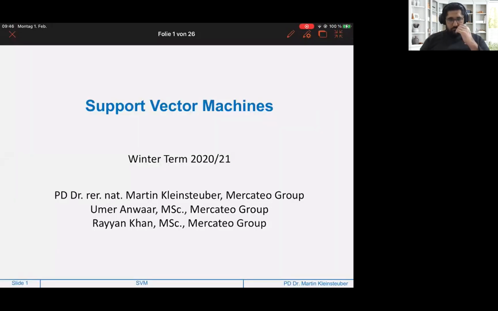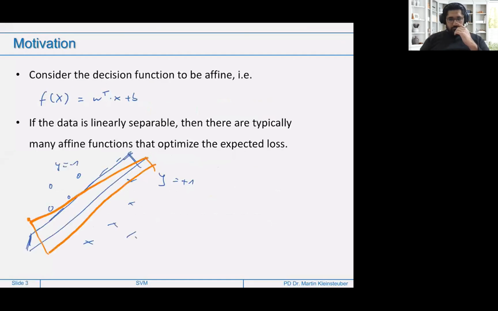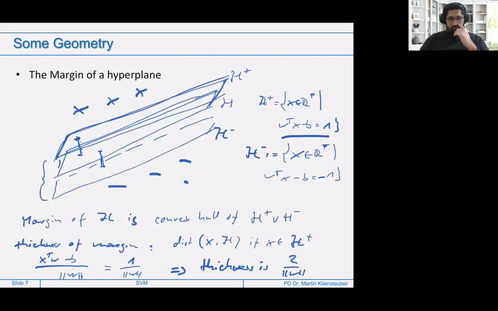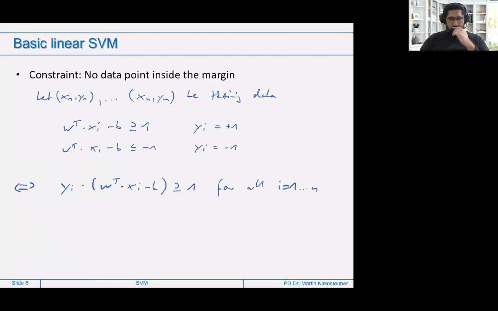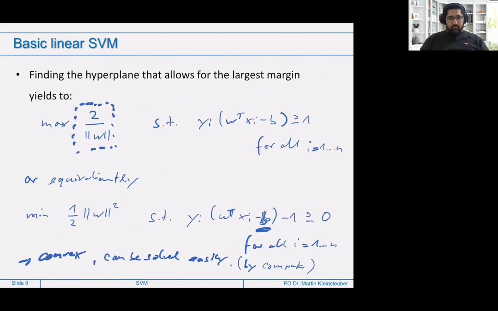So that was somehow the idea, and that was what we did last time. We came to this problem of formulating the corresponding optimization problem, which was this one. We wanted to minimize this norm of W, right?